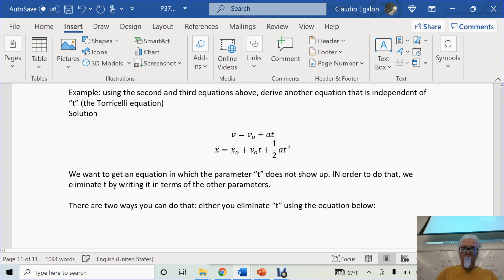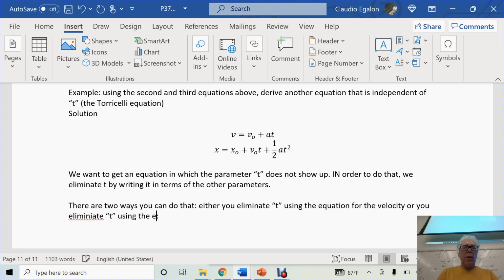Here you go, this one here. The equation for the velocity, okay? Or you eliminate t using the equation for the position. Okay?